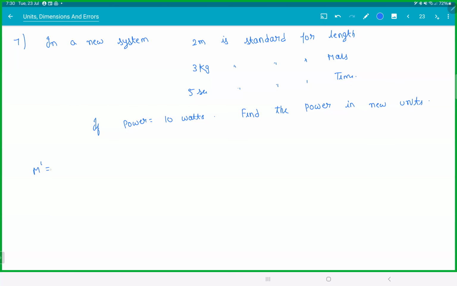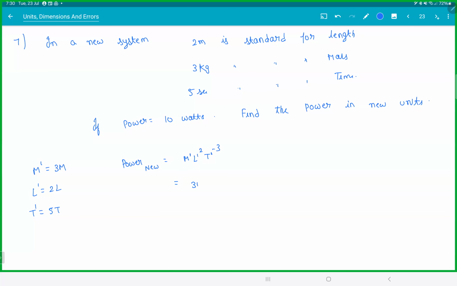So m dash is 3m because you have taken 3 kgs. L dash is 2L and T dash is 5T, 5 seconds of the time. Then power: the new power's dimensions are m dash L dash square T dash minus 3.